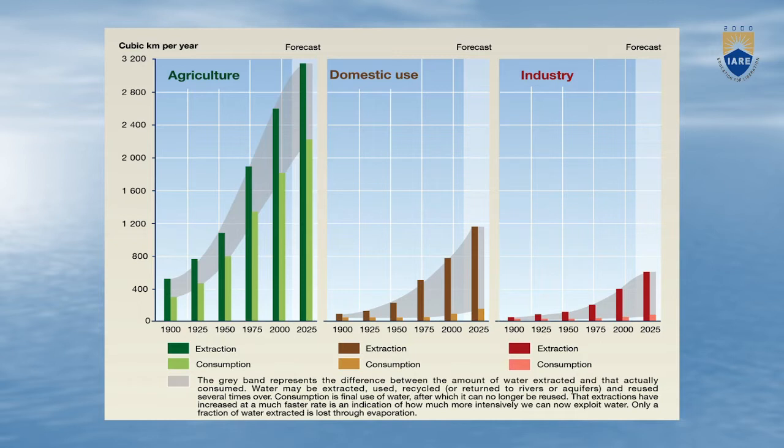Consumption is the final use of water, after which it can no longer be reused. That extractions have increased at a much faster rate is an indication of how much more intensively we can now exploit water. Only a fraction of water extracted is lost through evaporation.